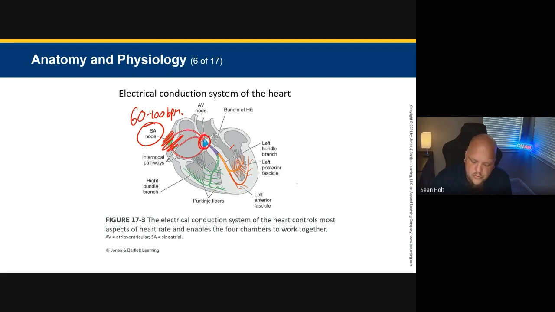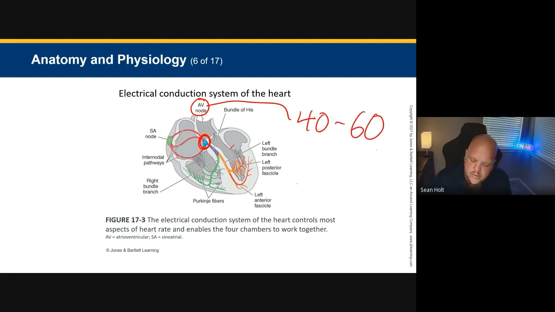It's responsible for the AV node now to start firing and causing that electrical impulse. Well, the AV node only fires 40 to 60 beats per minute. That's less than 60 to 100, right? So if this node fails, the SA node, we're getting a slower heart rate generally.